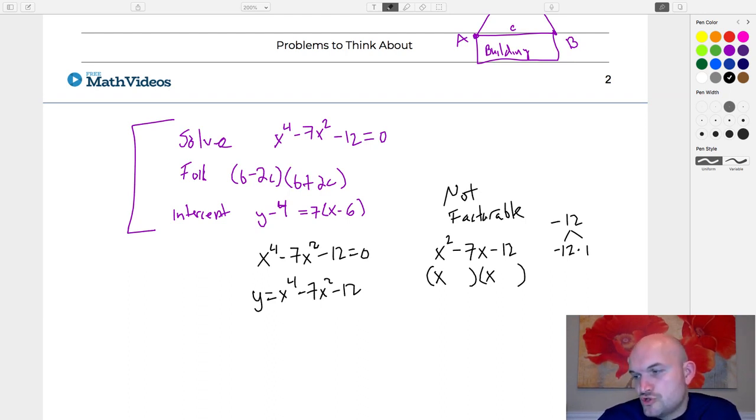I guess we would have to be able to factor this across imaginary and across irrational solutions, which is a little bit too much for me to continue from here. Obviously I can look at the graph.